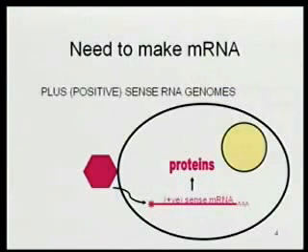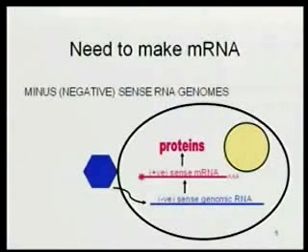But it can make it once it gets into the cell, because it puts the message into the cell. This is translated into proteins, and one of those proteins will be the virally coded RNA-dependent RNA polymerase. So for the plus strands, it's pretty easy. But when it comes to the negative strands, you have a bit more of a problem, because they're putting in an RNA which is the opposite sense to message.